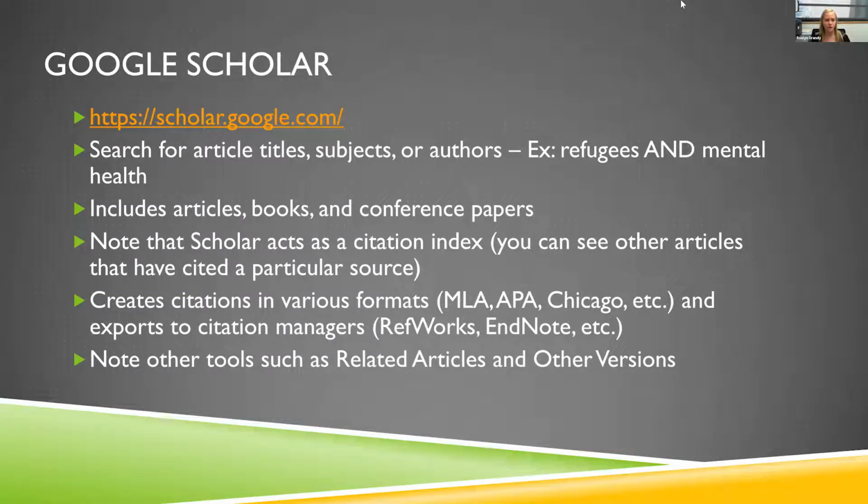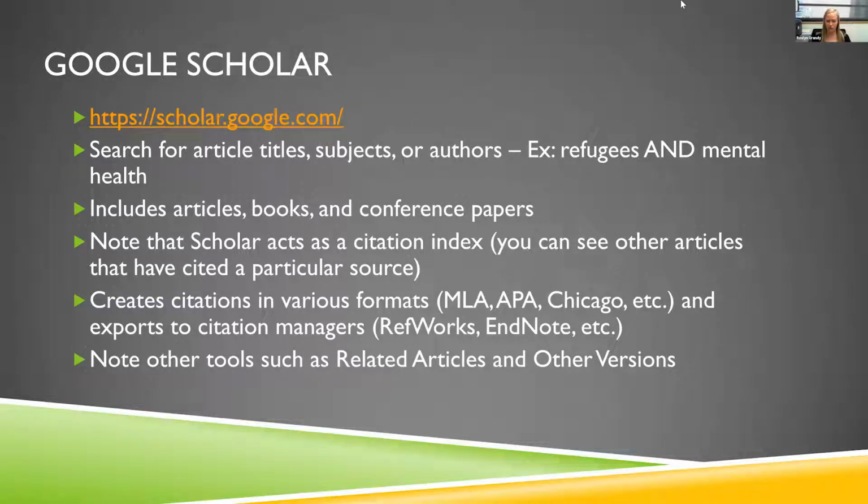I'm going to start with Google Scholar, which I assume many of you have used. So basic functions of Google Scholar, you can just put in a subject, and you can use Boolean here. So that would be and, or, and not, to either limit or expand your search. So refugees and mental health, as an example. It does include articles, books, and conference papers.